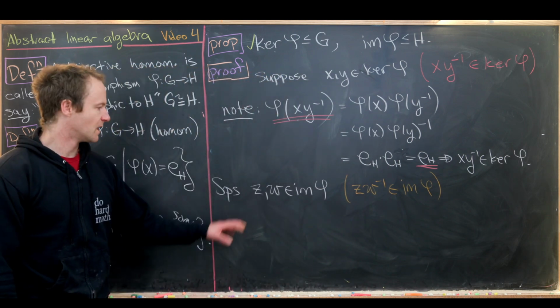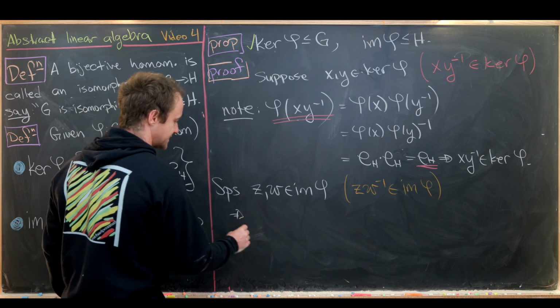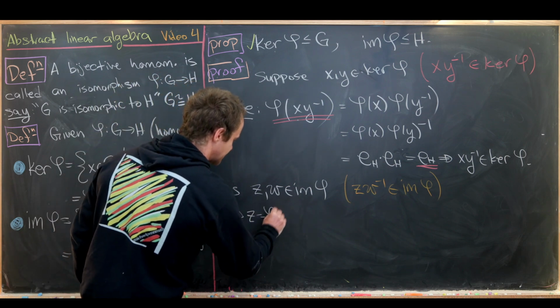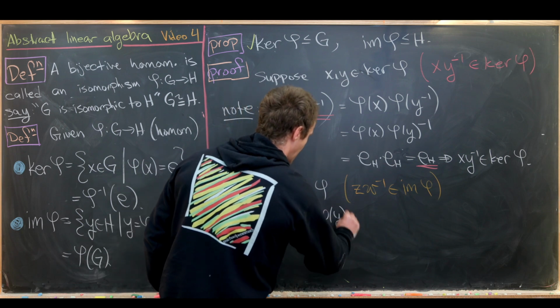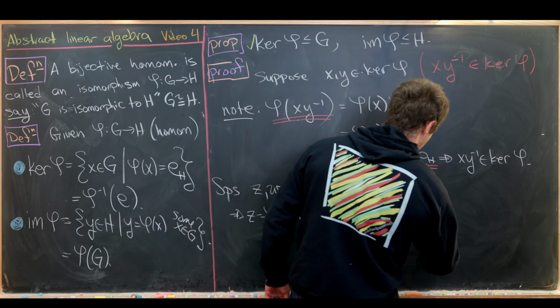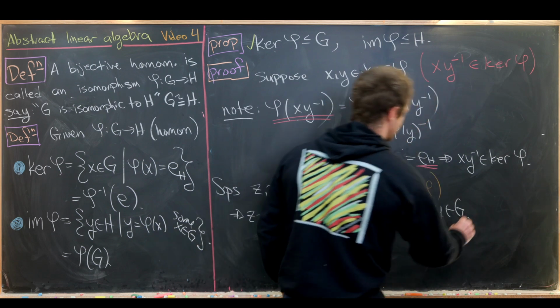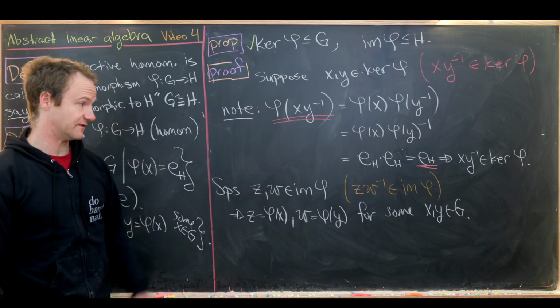Okay, great. But Z and W being in the image of phi tells us that Z equals phi of X and W equals phi of Y for some X and Y in G. That's the meaning of being inside the image of phi.